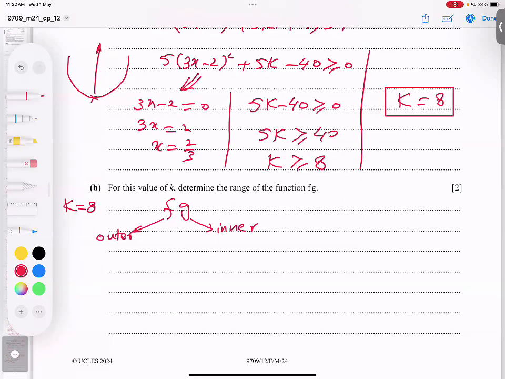And basically, whenever you plug in, what is the step by step I showed you? First of all, you put a domain in g, the domain in the inner function. It will give us the range of the inner function. That range will go as a domain. This domain will become the domain in the outer function f of x.